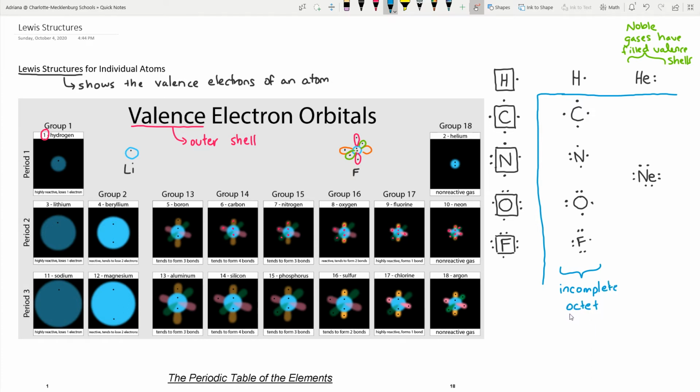Now, an octet just means that it's going to have 8 electrons, or that it doesn't in this case. So it doesn't have 8 electrons, right? An octet means 8, oct, 8. That oct is the prefix for 8. And noble gases, it turns out, have complete octets.